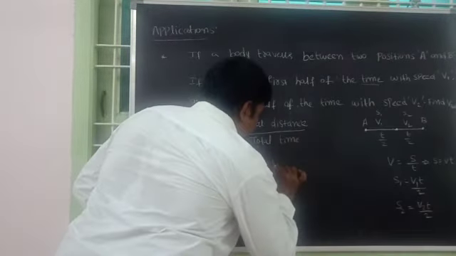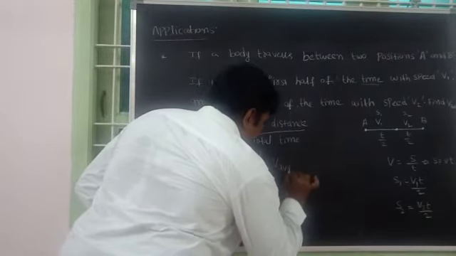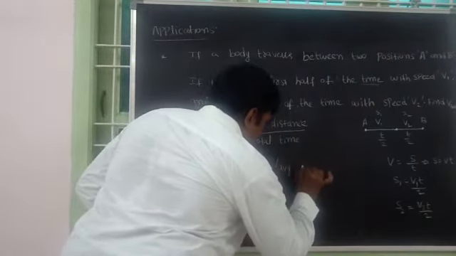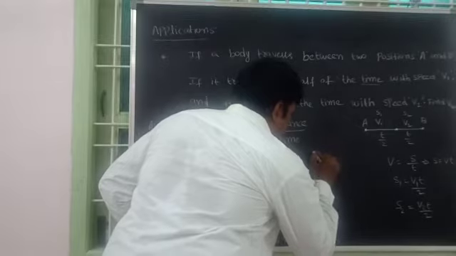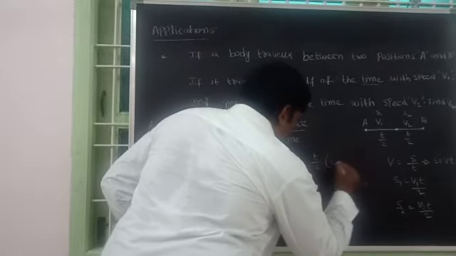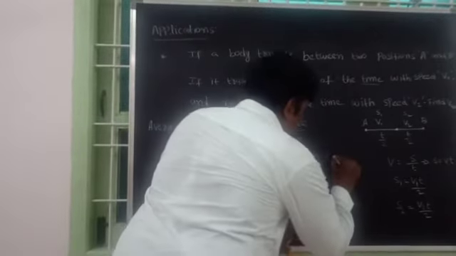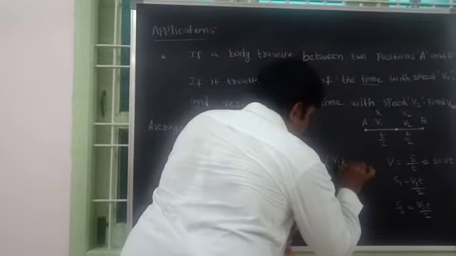So V average is equal to t by 2 into v1 plus v2, by t by 2 plus t by 2.